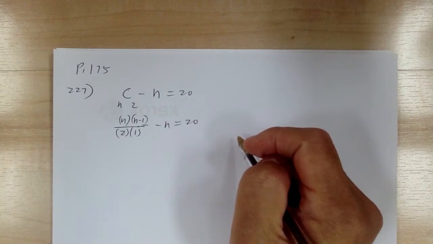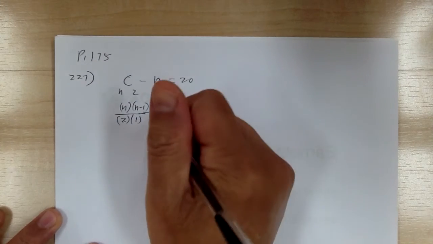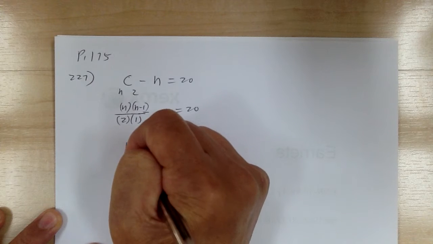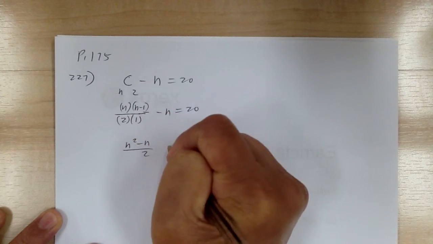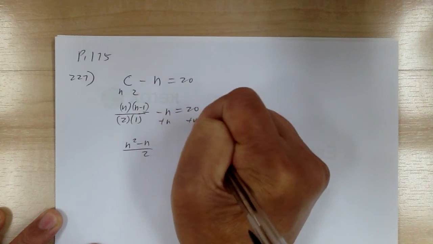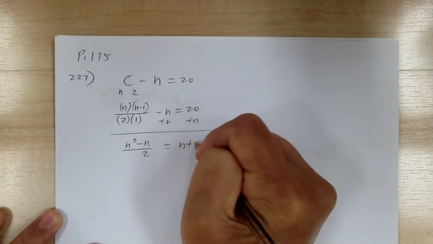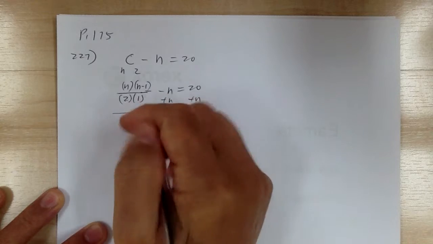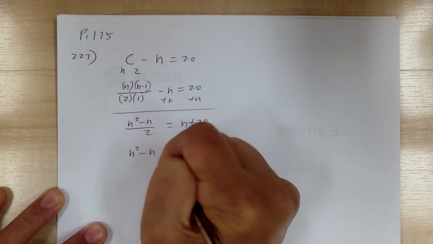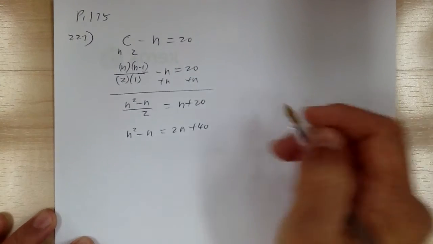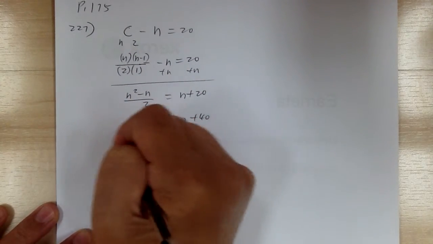And now let's solve. So you've got n squared minus n over 2, so plus n on both sides, equal to n plus 20 multiplied by 2. So n squared minus n equals 2n plus 40. Go ahead and move everything to this side.